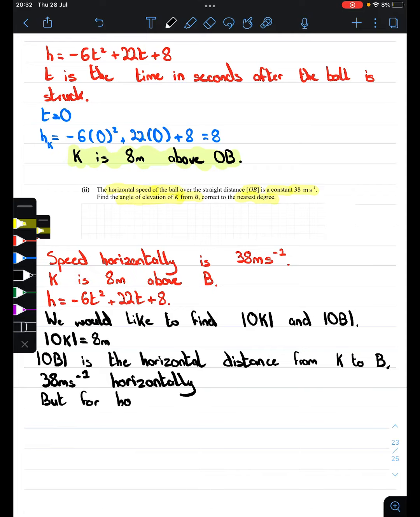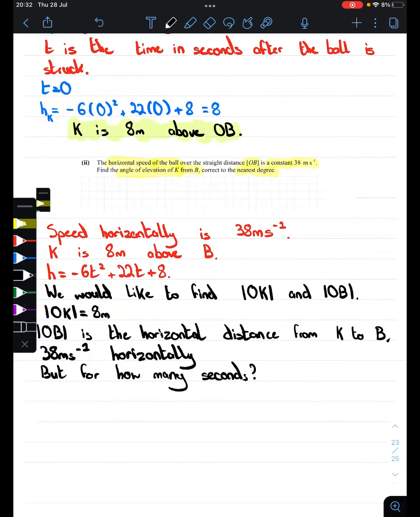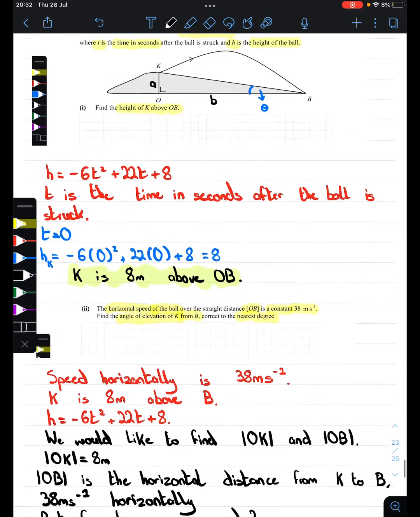The amount of seconds is what we're interested in now.